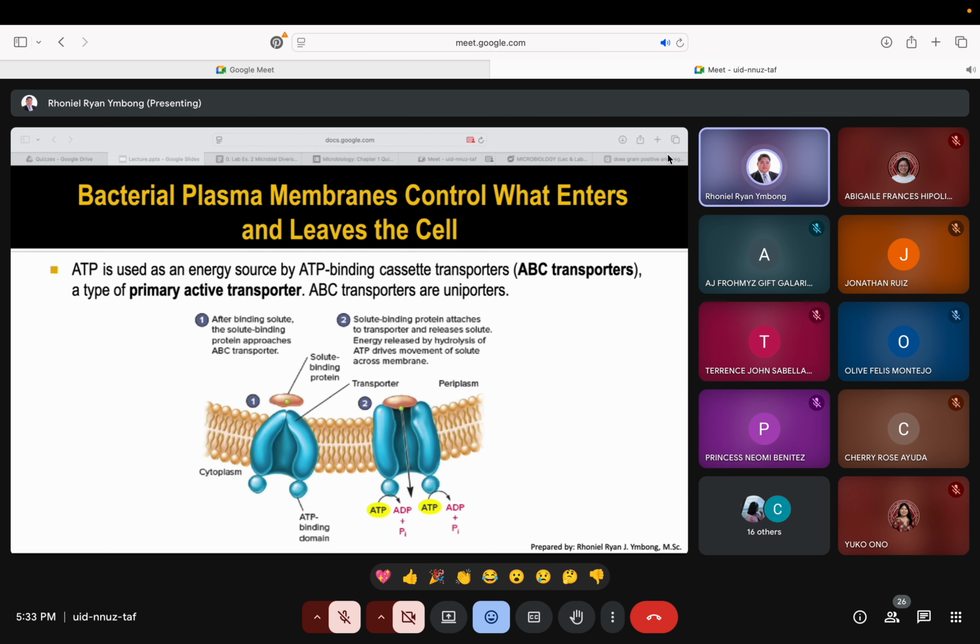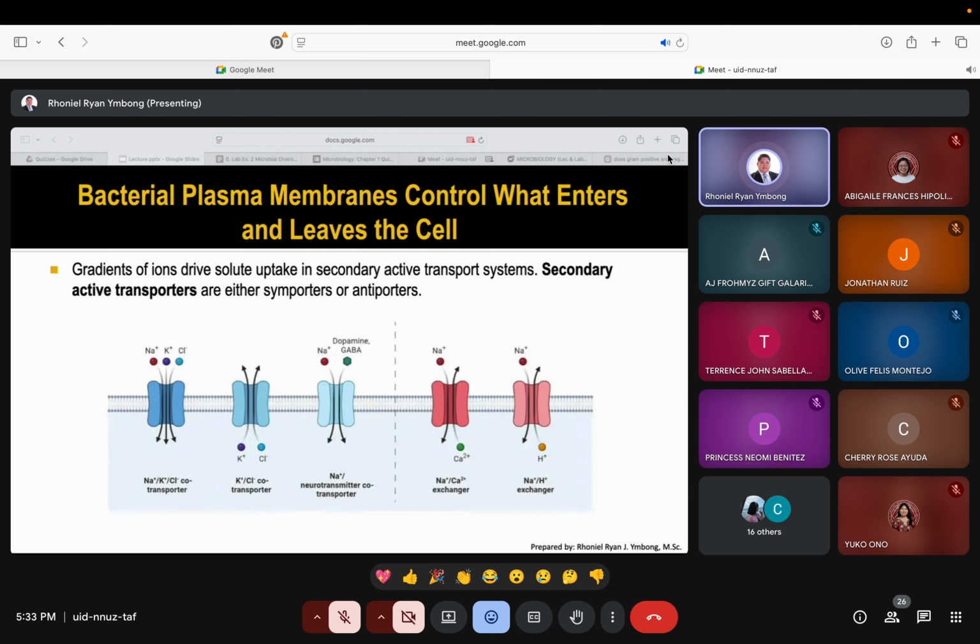So usara ka material and usara sad ka direction of movement. That's primary active transport. Then you also have your secondary active transports. So here, the transporters in this type of mechanism are either symporters or antiporters. So if you try to look at our diagram, for your sodium potassium pump, there are actually ions. These ions are actually charged, so therefore they cannot simply diffuse through your plasma membrane.